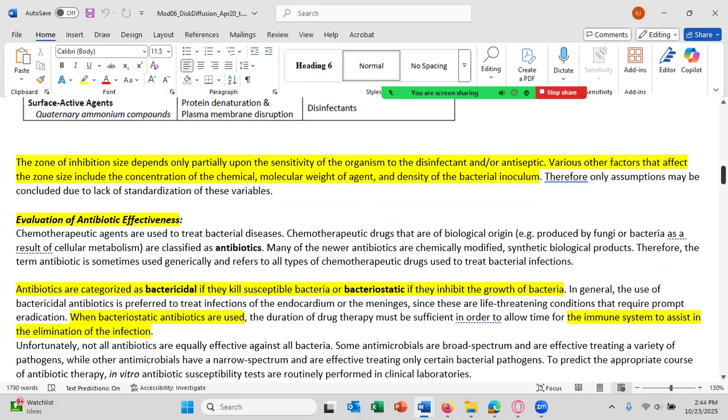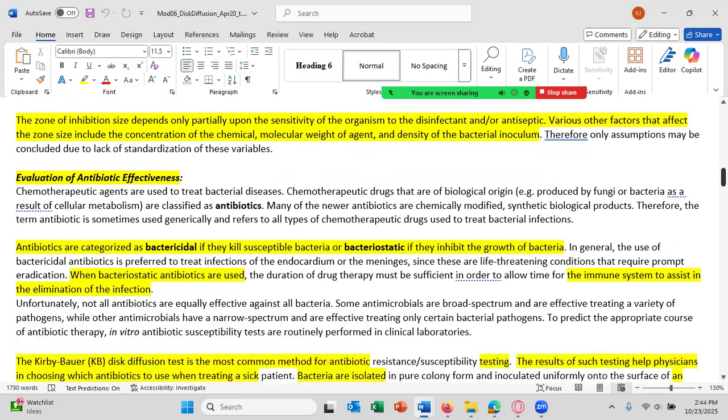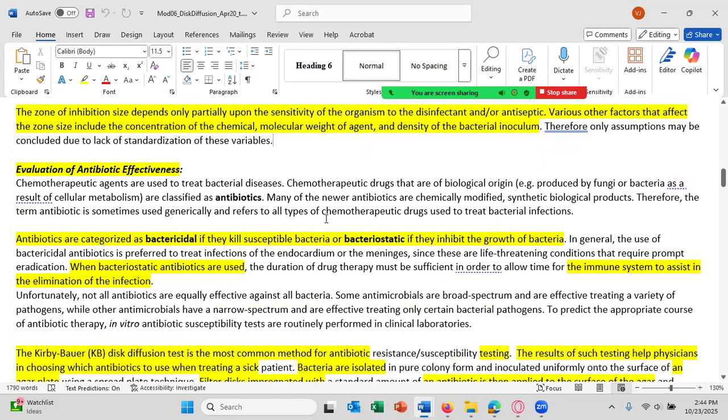So, evaluation of antibiotic effectiveness. We'll use this talking about antibiotics, but realize you can use the method we're going to talk about, the Kirby-Bauer method, for other purposes, like testing the effectiveness of disinfectants. But antibiotics are categorized as bactericidal if they kill the bacteria, and bacteriostatic if they only inhibit the bacteria's growth.